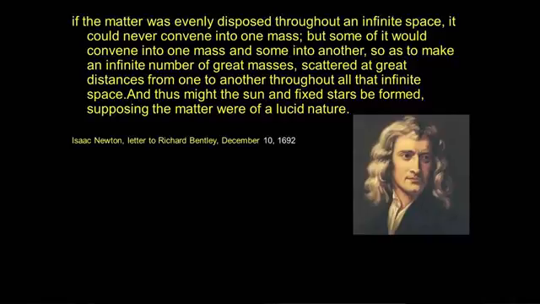This was Newton's response: If the matter was evenly disposed throughout an infinite space, it could never convene into one mass, but some of it would convene into one mass and some into another, so as to make an infinite number of great masses scattered at great distances from one to another throughout all that infinite space. And thus might the sun and fixed stars be formed, supposing the matter of a lucid nature.